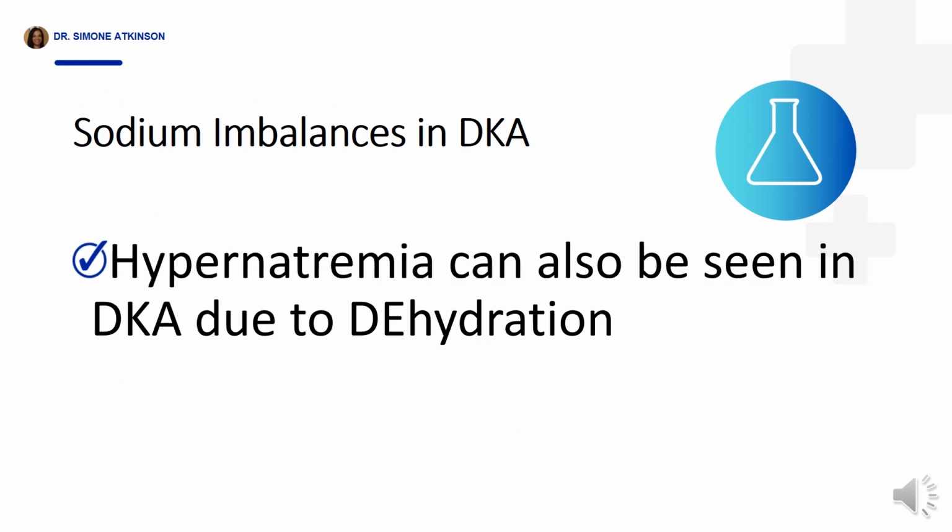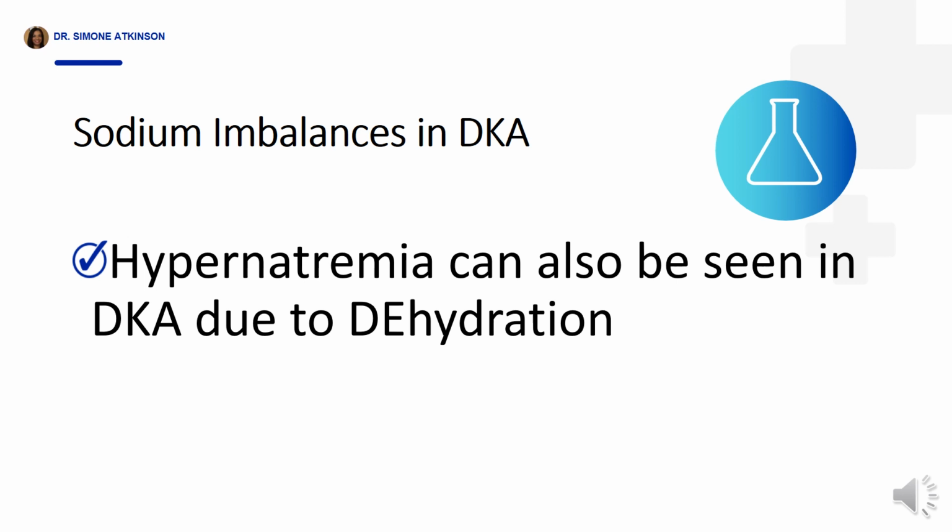Now, there's an intriguing connection between hypernatremia and diabetic ketoacidosis. So DKA, which is a complex metabolic disorder, can lead to hypernatremia as a consequence of the dehydration that it induces. So here's the rationale. DKA involves elevated blood sugar levels and the production of ketones. So the body responds by increasing the urine output to flush out the excess glucose and the ketones.